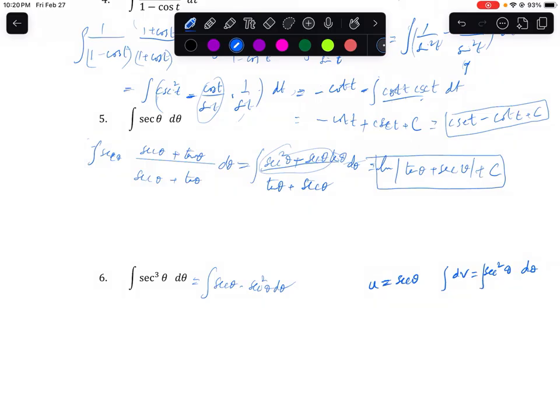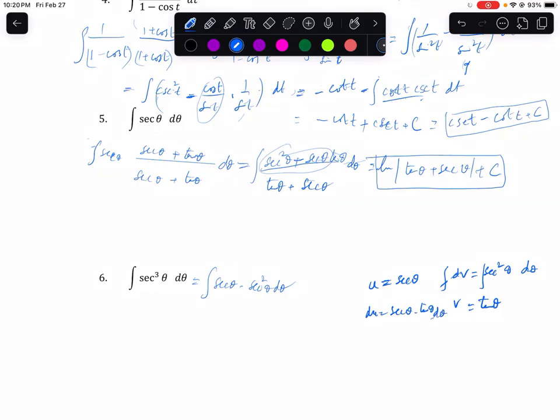The left hand side gives me v, because the d, meaning the differential or the derivative, and the integral sign cancel each other. So v is equal to the integral of secant square theta d theta, which is tangent of theta, and du is secant theta times tangent theta d theta.